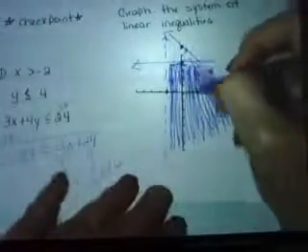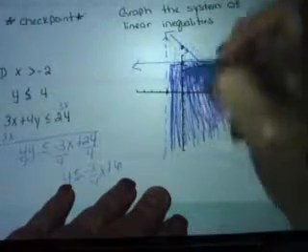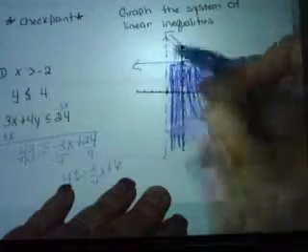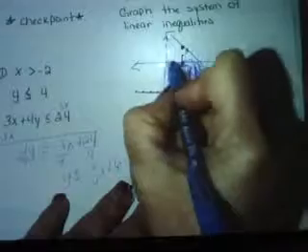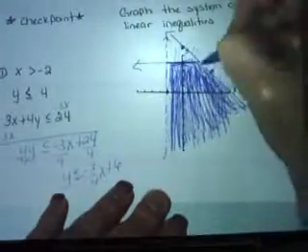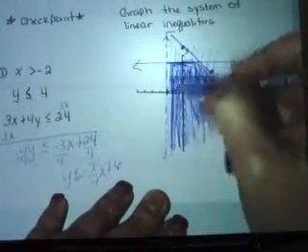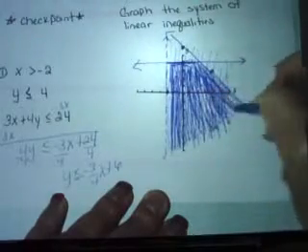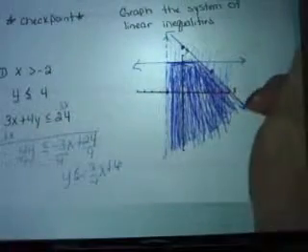The solution to these three inequalities is going to fall in this shaded region. I have this dashed line that surrounds it, and I have a solid and a solid. If a point falls on this solid, it can be a solution. If it falls on this solid, it can be. If it falls on this dashed line, no, because it's dashed. If it falls anywhere inside this bounded shaded region, it is a solution.